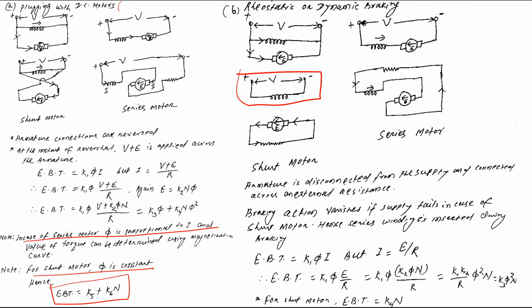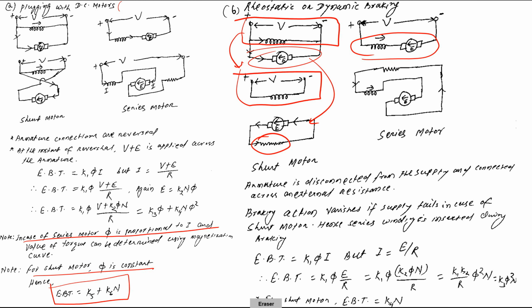The whole thing is removed from here, and the remaining part is connected across a resistor. Similarly here, this whole part is connected across the resistor. This is in case of a shunt motor, this is in case of a series motor.